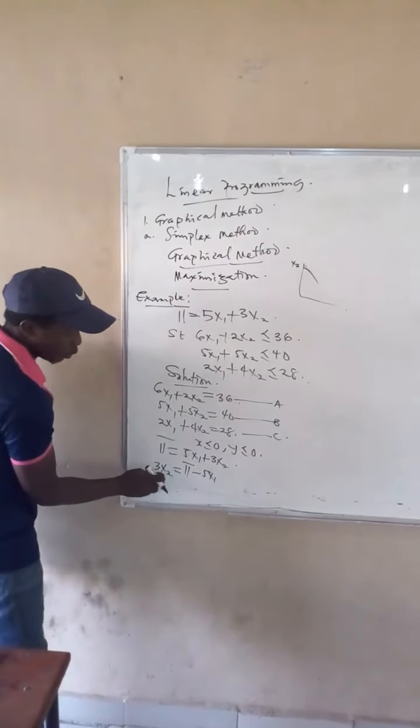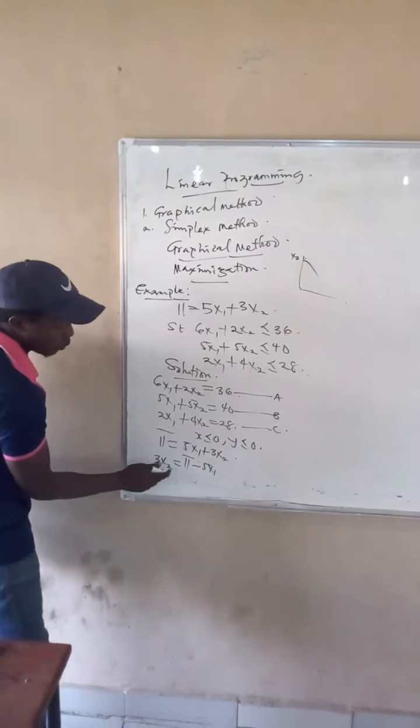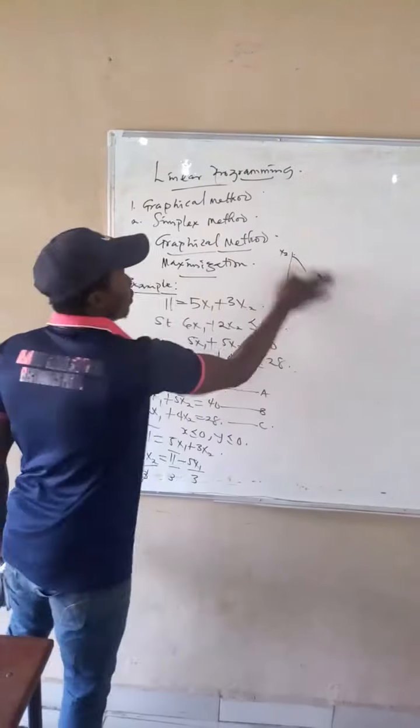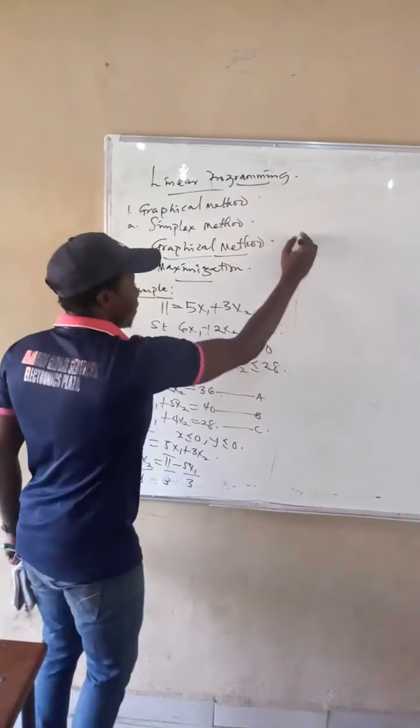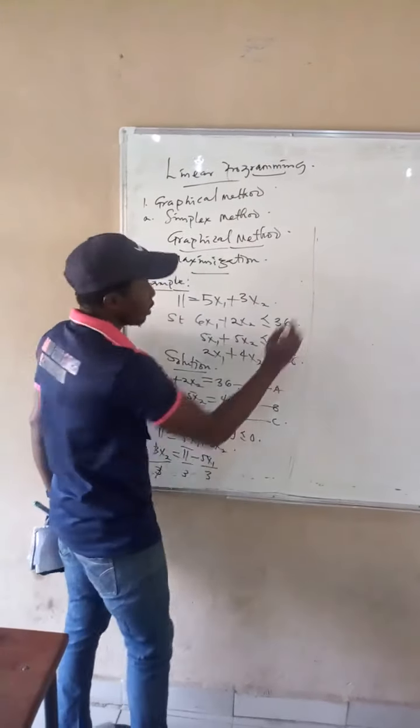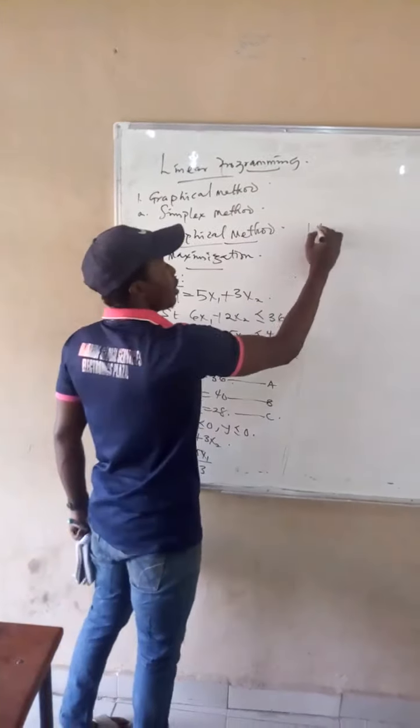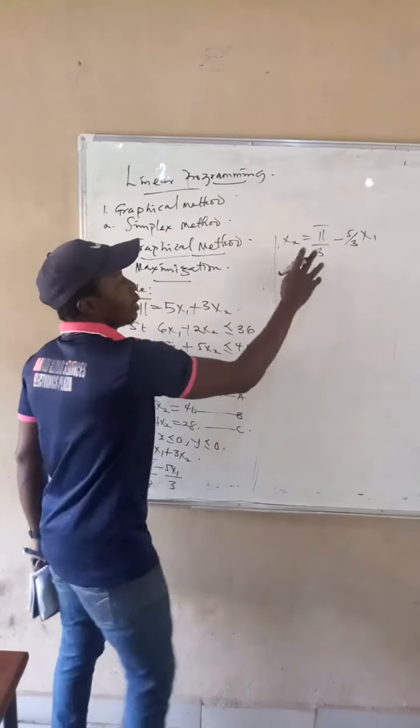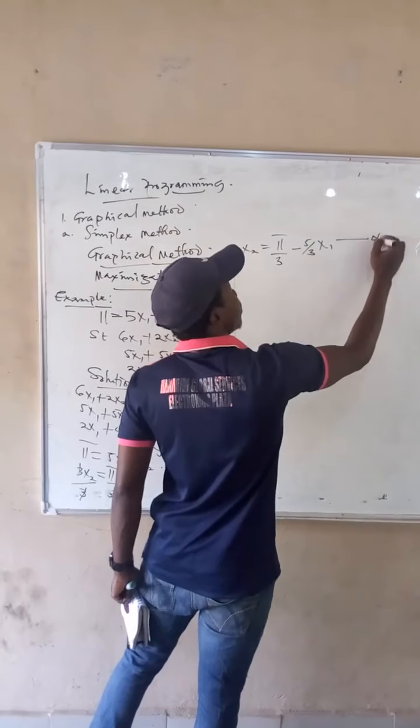Then I divide everything by 3. So here I will be having x2 equals profit over 3, minus 5 over 3 x1.